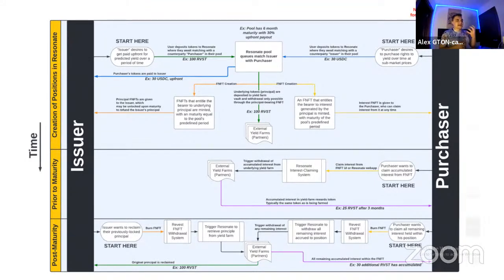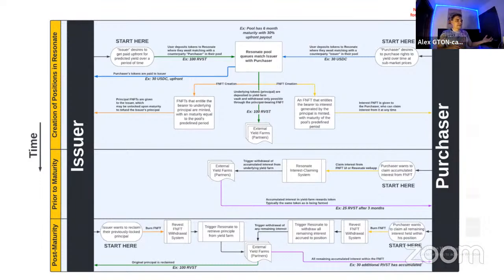The idea of Resonate is to make the future yields liquid, to make them tradable. How does it work? We know that we have 100 RVST tokens. In the future, there will be 130, because this is how staking works.